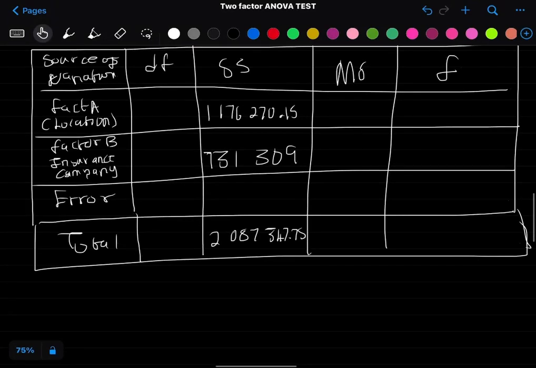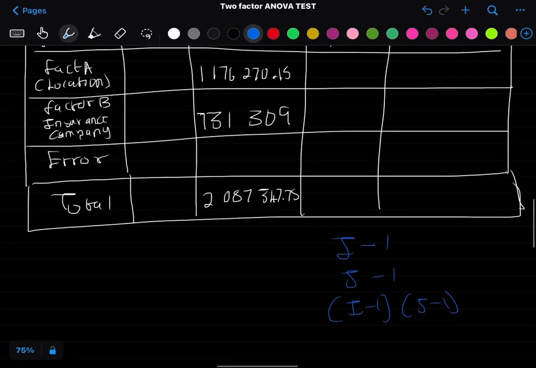Now, okay, let's fill the degrees of freedom. Not forgetting that I've shown you that the degrees of freedom is I-1 for factor A, J-1 for factor B, and for the error it is I-1 times J-1.